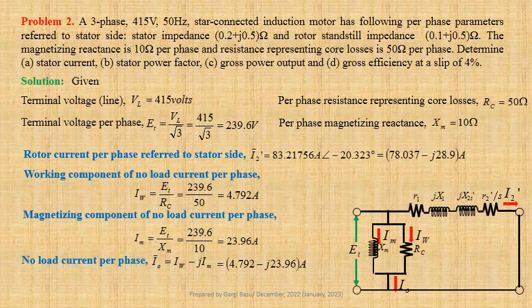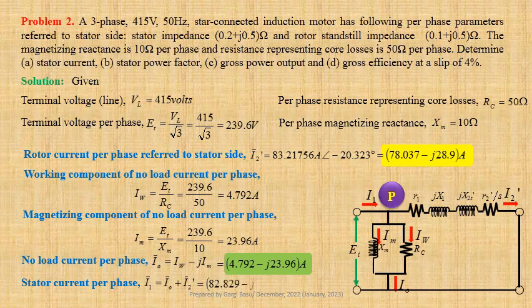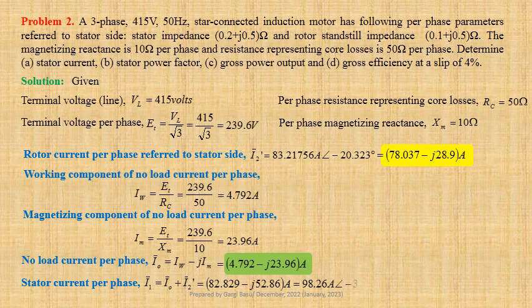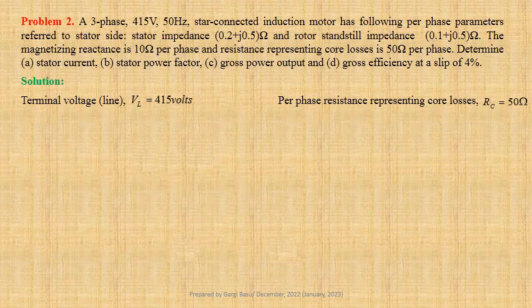Applying Kirchhoff's current law at node P, we get stator current per phase I1 equals I0 plus I2'. Using values we get 82.829 minus j times 52.86 ampere. This may be written in polar form as 98.26 ampere at an angle minus 32.5453 degree.